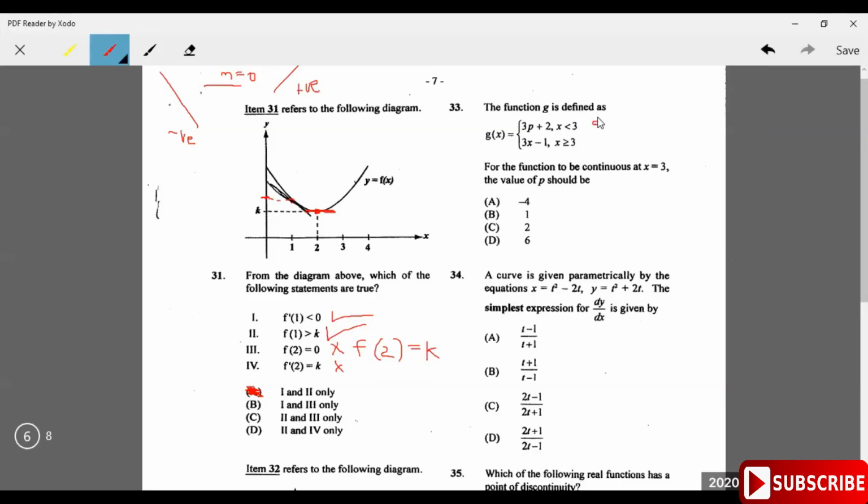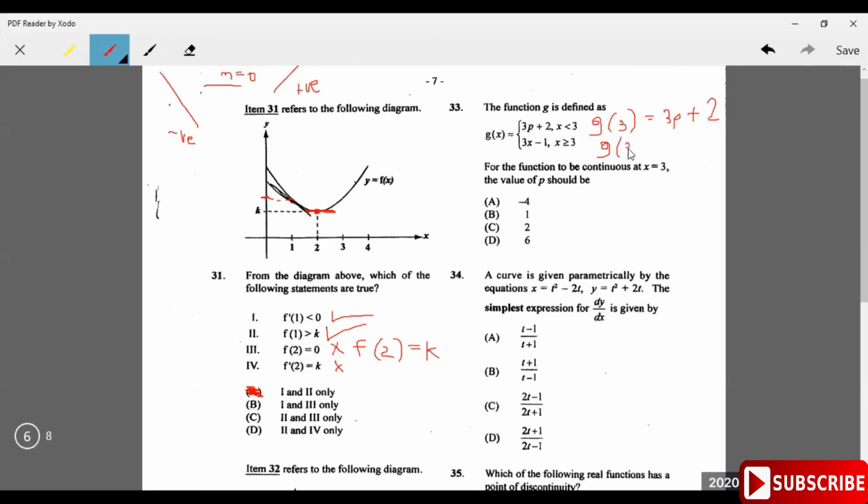So we need to find g of 3. G of 3 on the left-hand side right here is going to give us 3p plus 2. That's g of 3 if it's continuous at x equal to 3, so we have 3p plus 2, then we need g of 3 on the right-hand side.